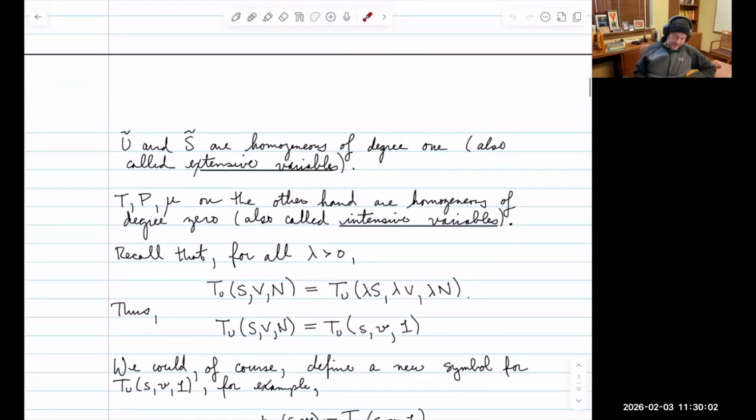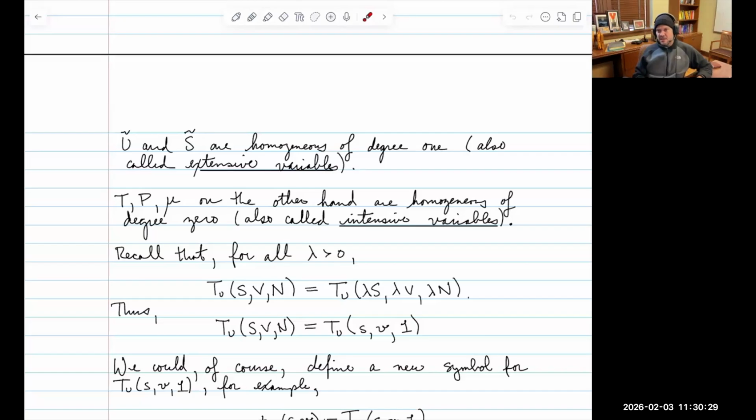Now, U tilde and S are, of course, homogeneous of degree 1 functions. These are extensive variables. Very important that we understand from the beginning that these functions have this property. It's very useful to us in our thermodynamic setting. Now, the derivatives of these functions, T, P, and chemical potential mu, on the other hand, are homogeneous of degree 0.